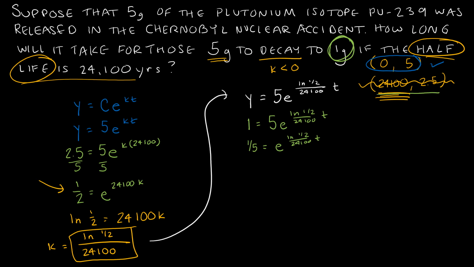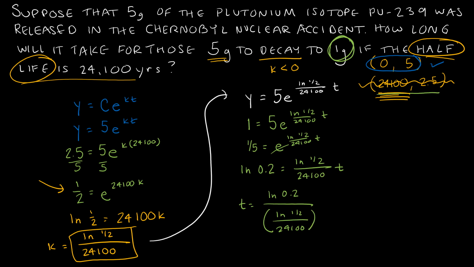I'm going to take the natural log of each side, so the natural log of 0.2. Natural log of this side obviously will get rid of the e, so I have the natural log of 1/2 over 24,100t. And then to solve for t, I'm going to take the natural log of 0.2 and divide it by the natural log of 1/2 divided by 24,100.